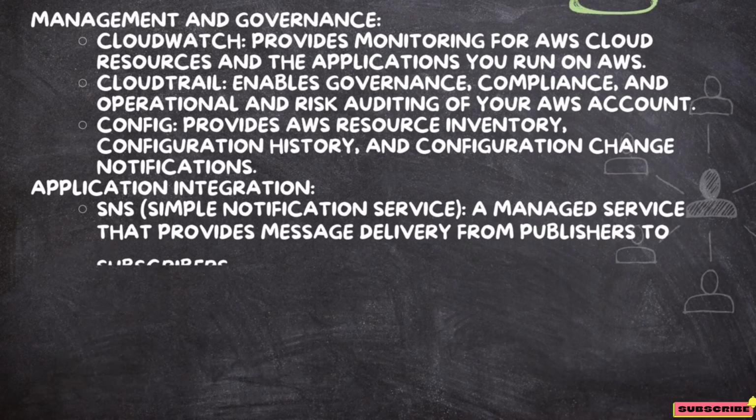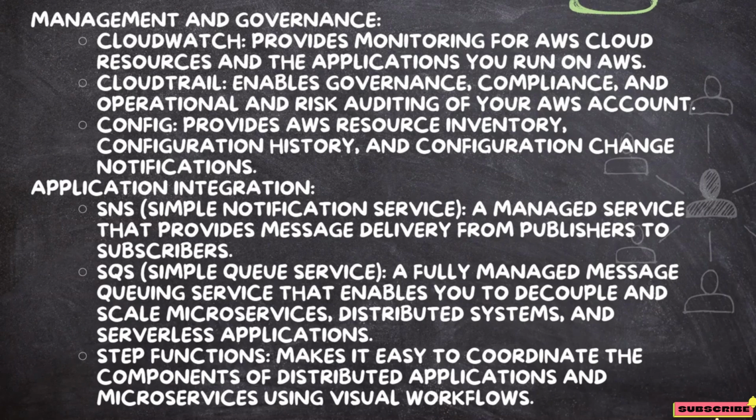Then we have the last two, which are management and governance. CloudWatch, which provides monitoring for AWS cloud resources and the applications you run on AWS. CloudTrail enables governance, compliance, and operational and risk auditing of your AWS account.